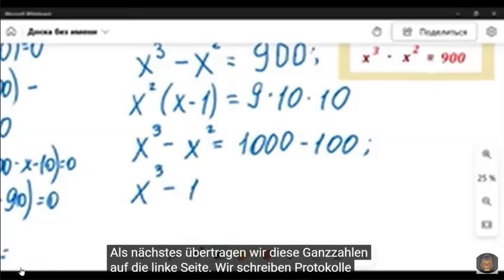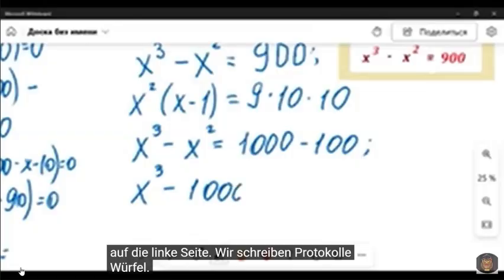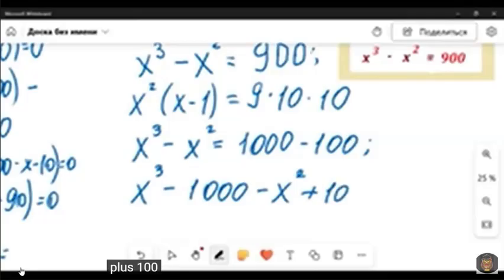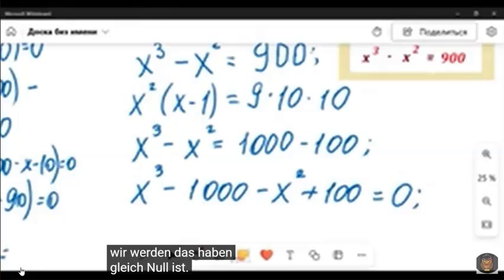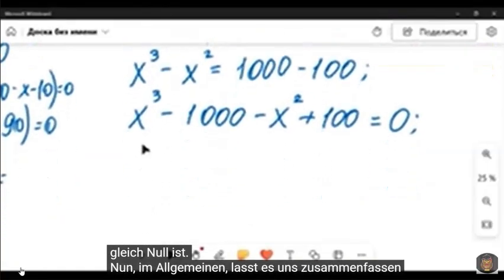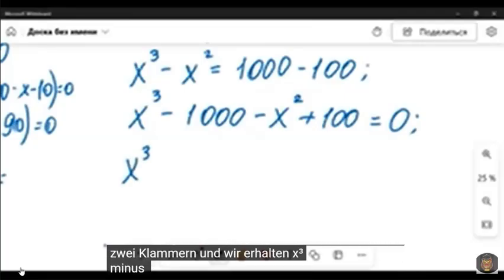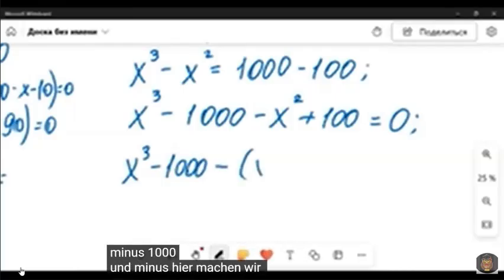We write x cubed minus 1000, and minus x squared plus 100, this will be equal to 0. Well, in general, we combine two brackets and get x cubed minus 1000 minus, here we do x squared minus 100, also equals 0.